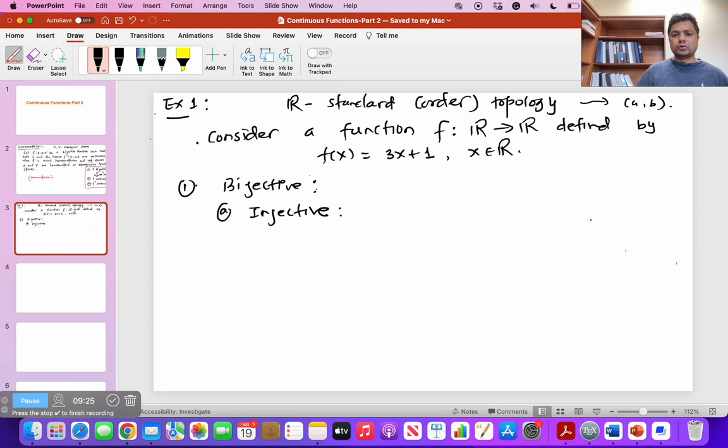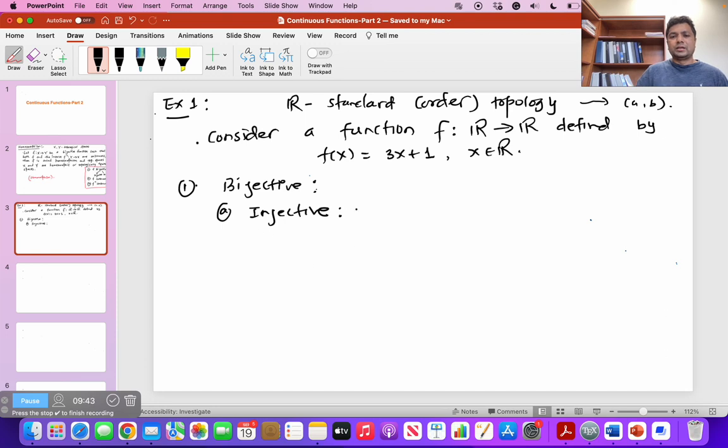In order to show this function is injective, what you can do here is recall that a function is called injective if, when two images are equal, their pre-images are equal.